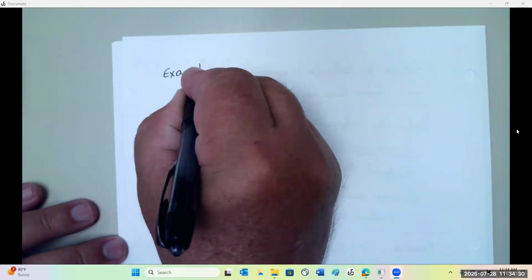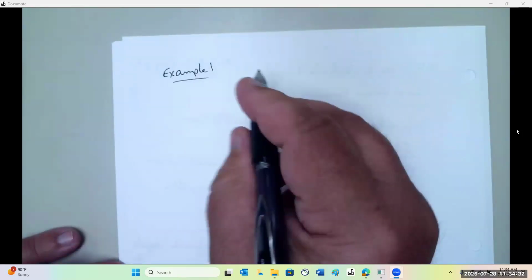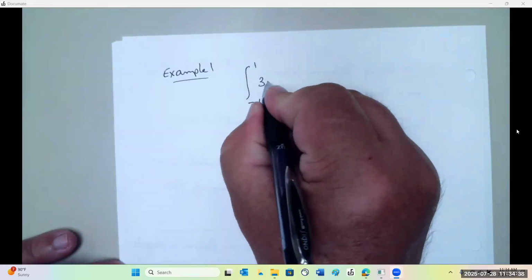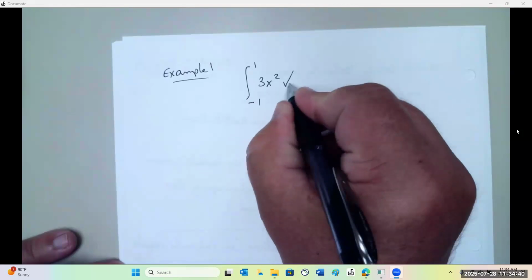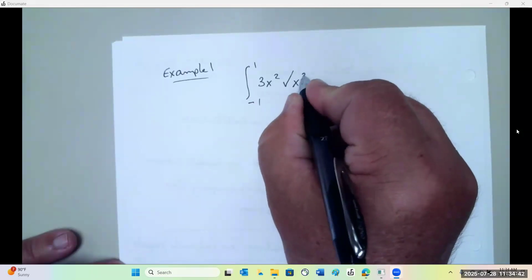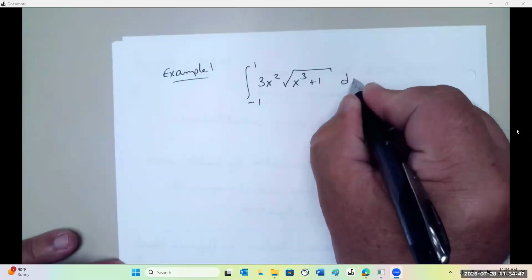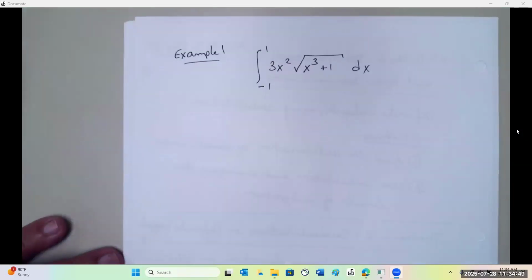Example 1. Evaluate this integral from -1 to 1, 3x squared, square root of x cubed plus 1 dx. Does that satisfy the conditions that we need?